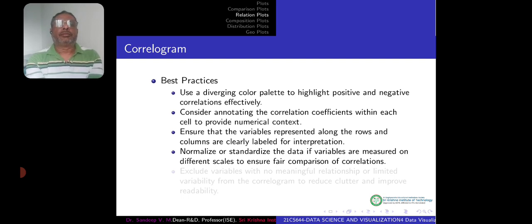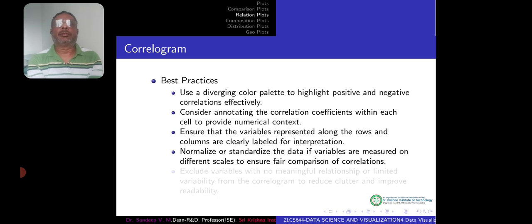So it is better always to normalize or standardize the data if variables are measured on different scales, to ensure fair comparison of correlations. Because even if there is a correlation, if one is scaled up and the other is scaled down, it may look like a vertical line or a horizontal line, and we miss seeing that there is some correlation.